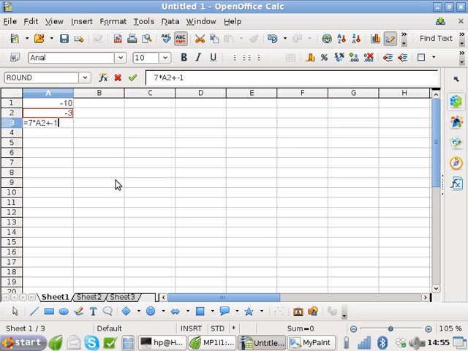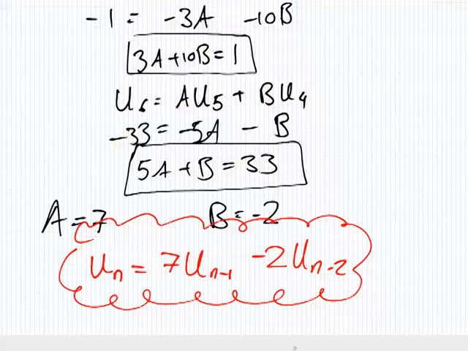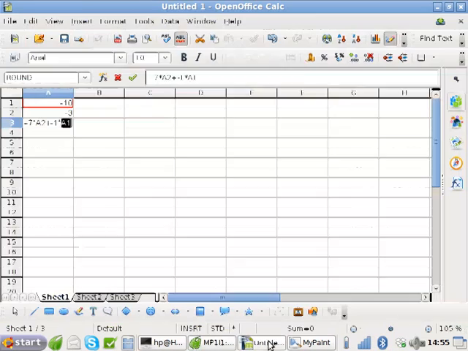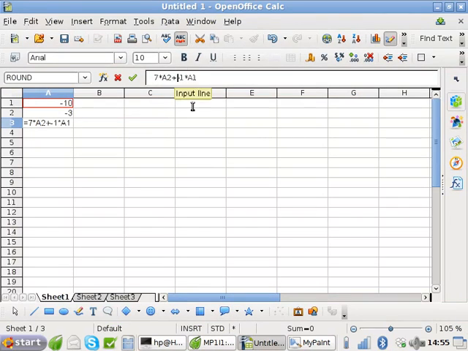Minus 2 times the term 2 steps ago. Which, what would it be here in this sequence? It would be minus 10. Alright, so minus 2, not minus 1. So when I type this in, it should give me the right number for the third term.